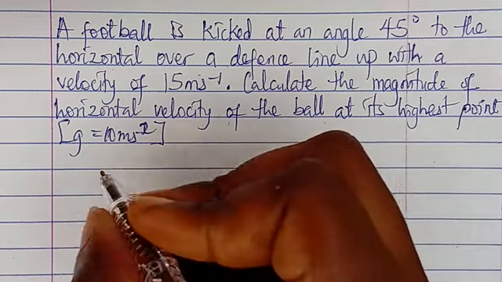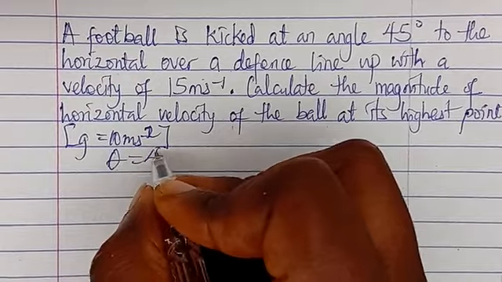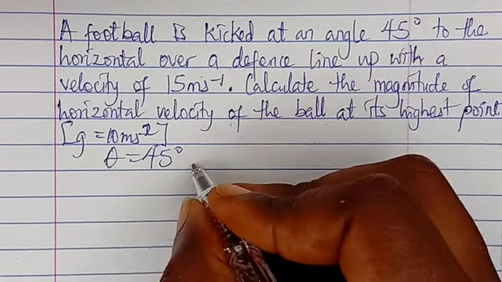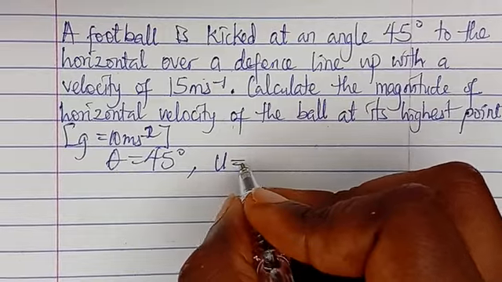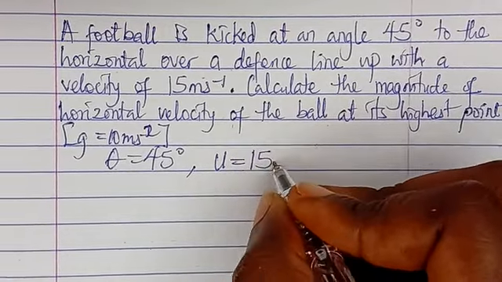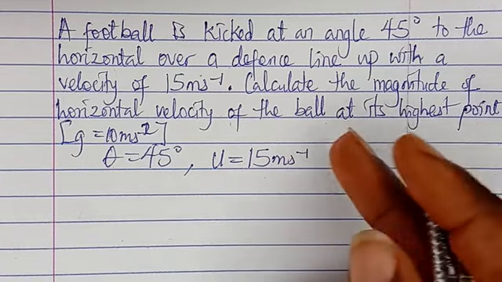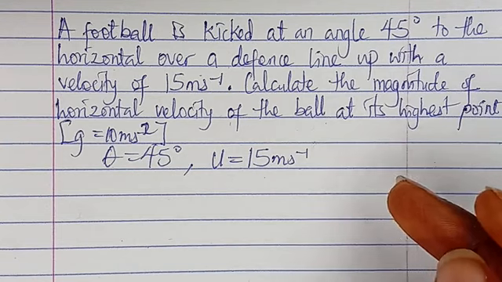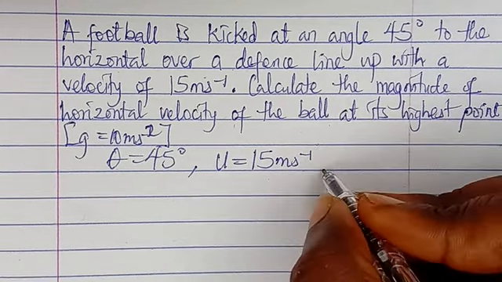So the angle of projection is 45 degrees, with an initial velocity, the velocity of projection, of 15 meters per second. And what we've been asked to calculate is the magnitude of the horizontal velocity of the ball at its highest point.